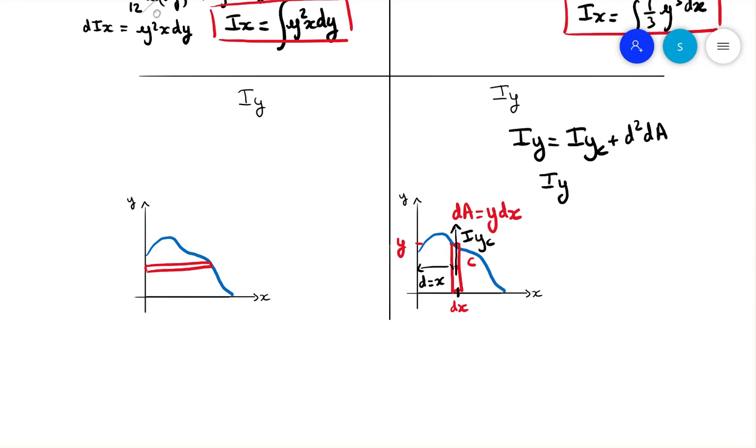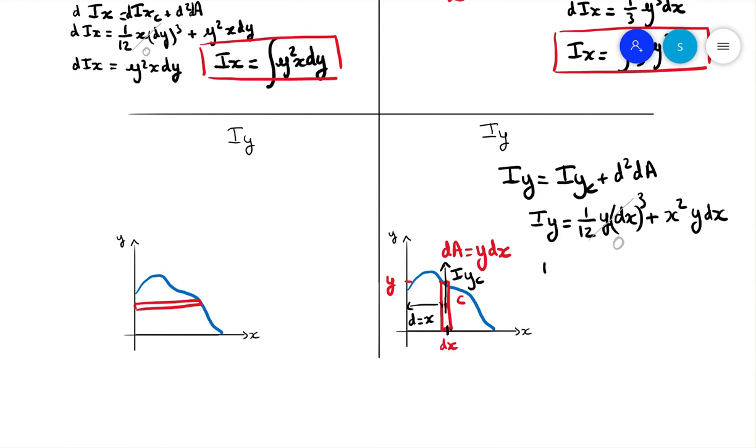So dIy is equal to the Iyc, so you need to rotate 90 degrees and look at your 1/12 b h cubed. So b is y, and this is h, that is dx cubed, plus the d squared is x squared, and the dA is y dx. Dx cubed is very close to 0, so it's negligible. So we have at the end, oh, and that's d.